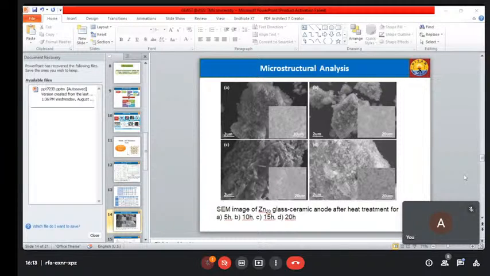In this XRD analysis, we have seen an amorphous phase for the glass. Then while heating for 5 hours, 10 hours, 15 hours, 20 hours continuously, there was growth of some crystalline phases in that glass network.